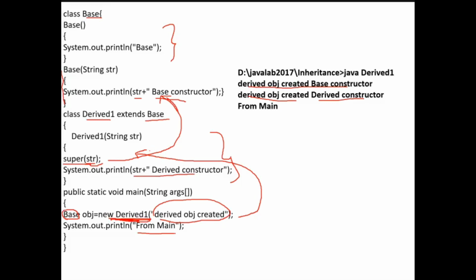But in C++, also by default it will call the base class no argument constructor. If I want to explicitly call the base class parameterized constructor, what do we have to use? Do you remember? Scope resolution. Actually, I forgot that one. We use the initializer list.